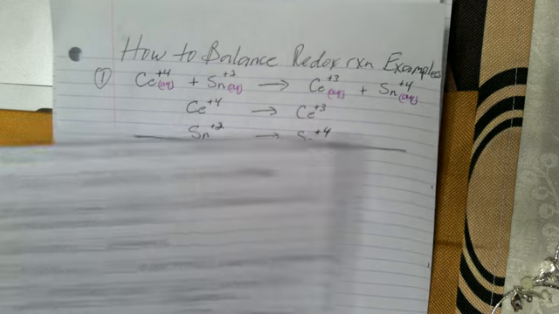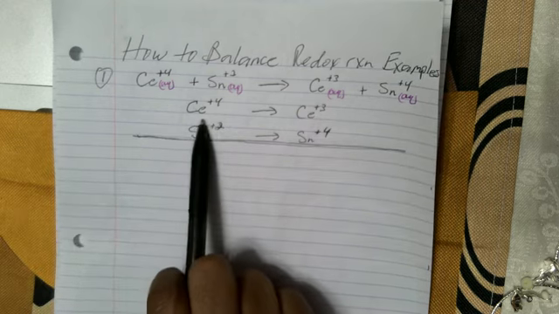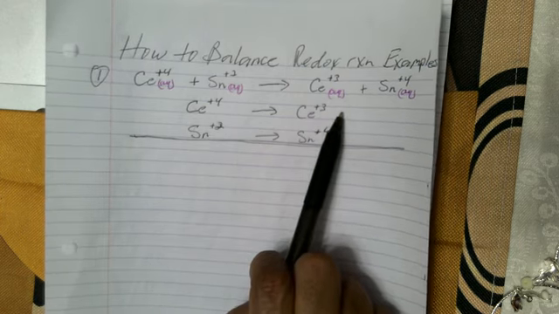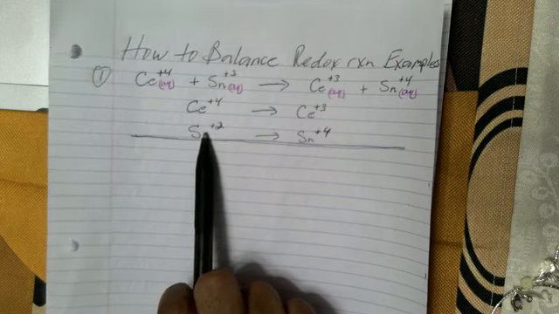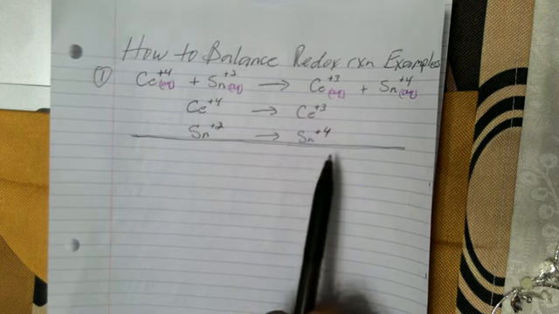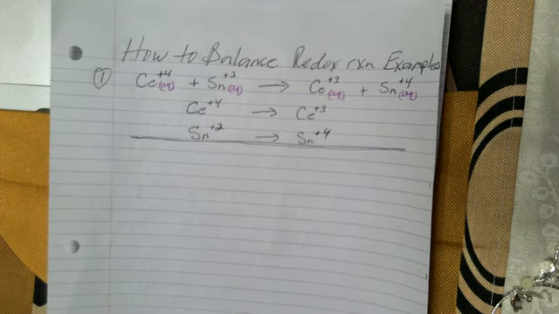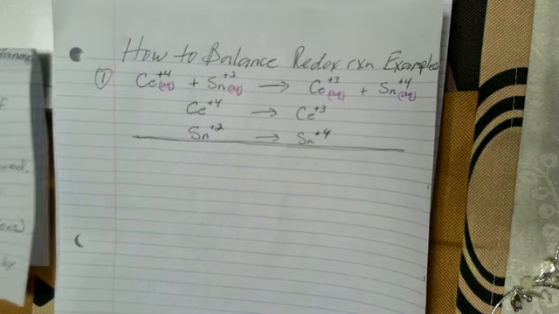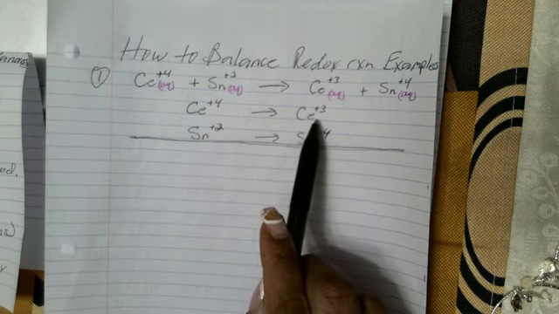All right. So now let's take a look at this. I broke this down into cerium going from a plus 4 to cerium at a plus 3. I broke this down into tin going from a plus 2 to tin going to a plus 4. Okay? So I broke it down into the half reactions. This is going from a plus 4 to a plus 3.